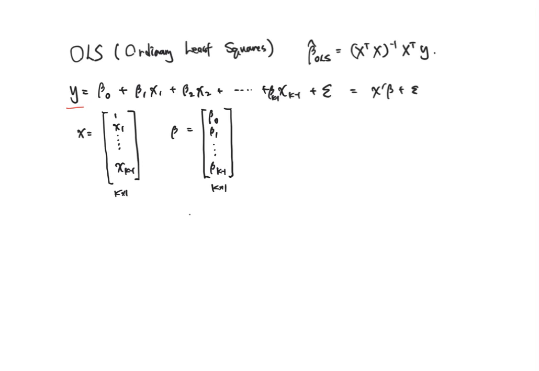This y is called the dependent variable, and this beta 0 is called the constant. The x1, x2, up to x k minus 1 are called explanatory variables, or sometimes independent variables.